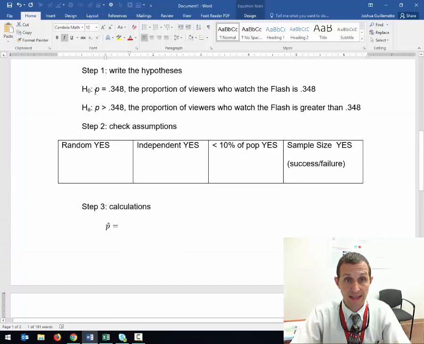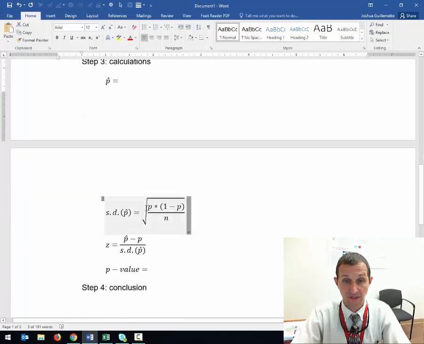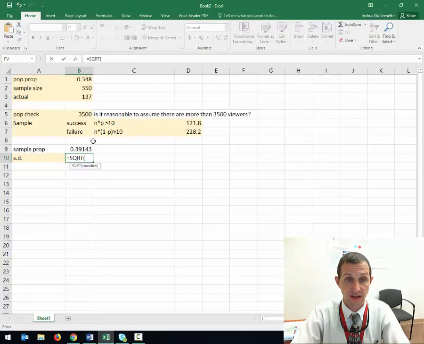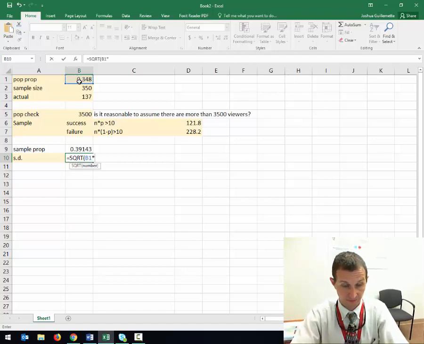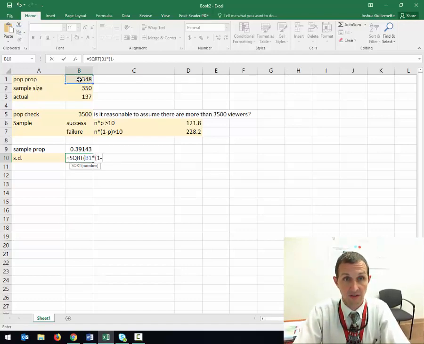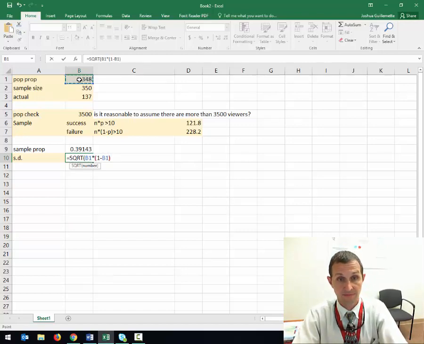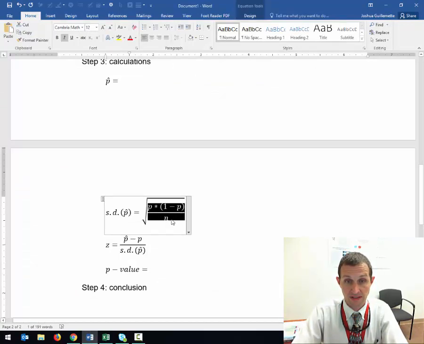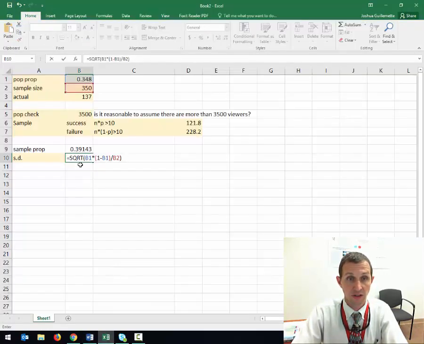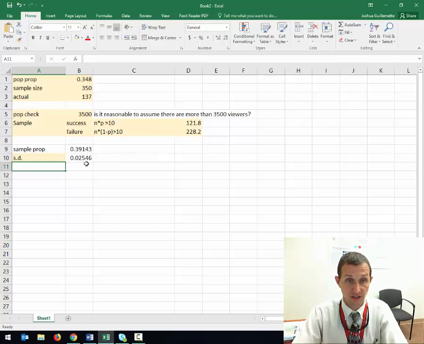So P is the 0.348, sorry, times 1 minus 0.348, divided by the sample size. And we close that up. So if you look, P times 1 minus P divided by N, all inside the square root. And you get 2.546, right?